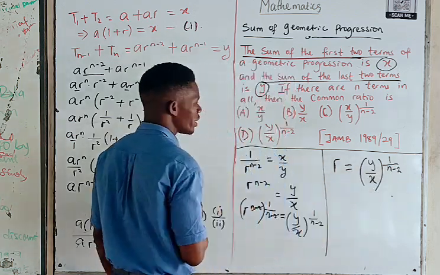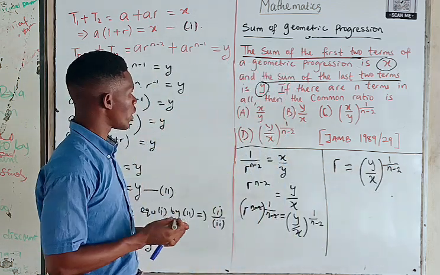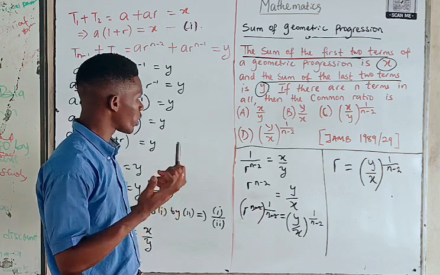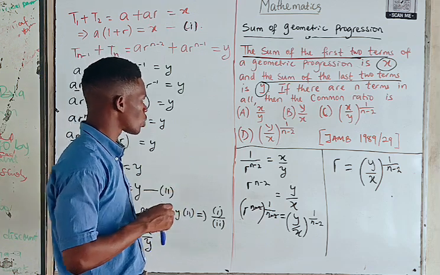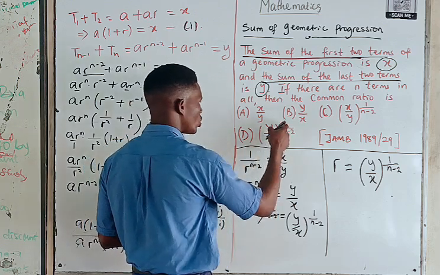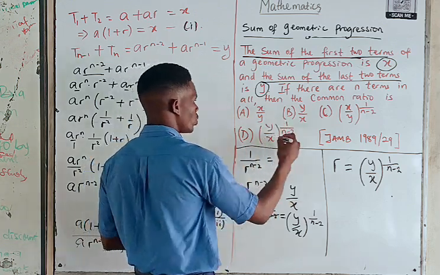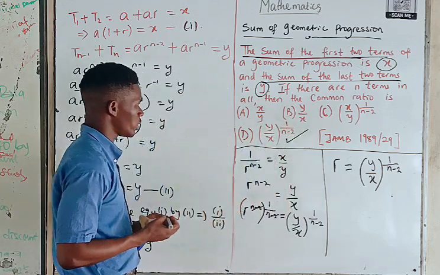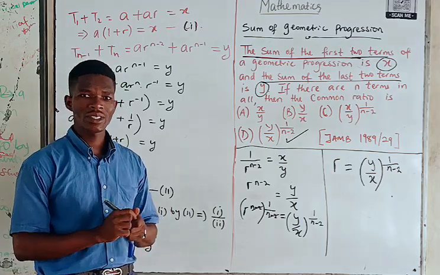So let's check for the correct option. That is Y over X raised to the power 1 over n minus 2. So this is the correct answer, and this is the working to this question.